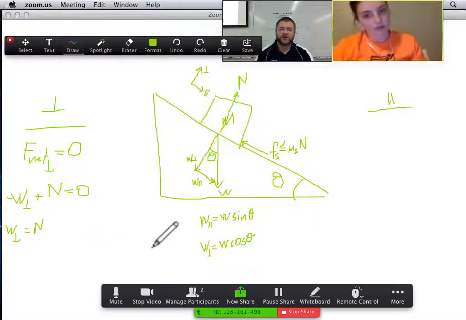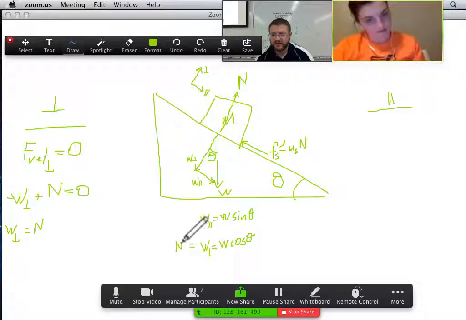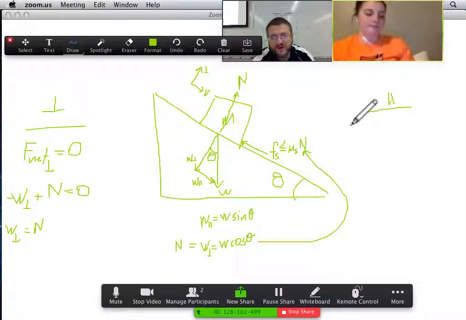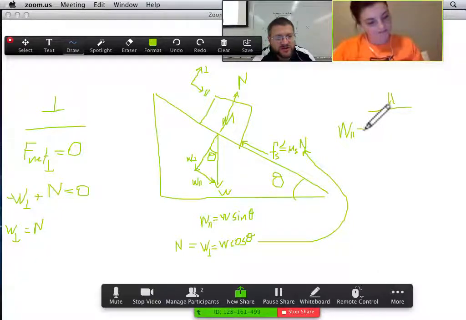Right? So we already know that this right here is also equal to the normal force, which is good because we need the normal force to calculate what? The force of friction. So that's going to go up here. So now in the parallel direction, the net force is going to be the weight in the parallel direction, which is positive, and then we're going to subtract off the force of static friction, and that has to equal 0.